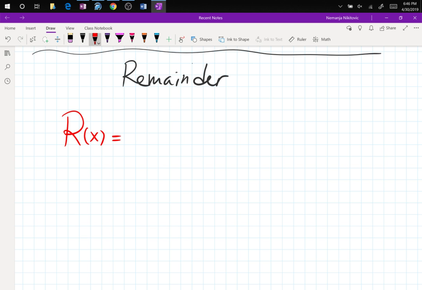So the remainder is approximately equal to the n plus 1 derivative computed at a divided by n plus 1 factorial times x minus a to the n plus 1. So this is just the next term, or the first term you're throwing away.